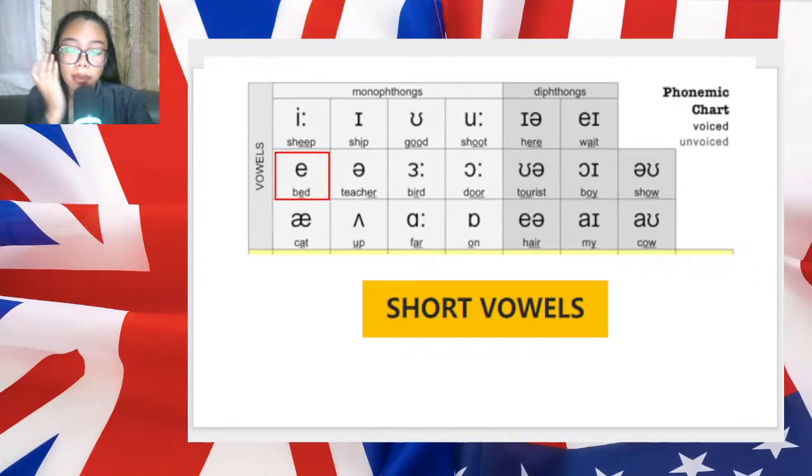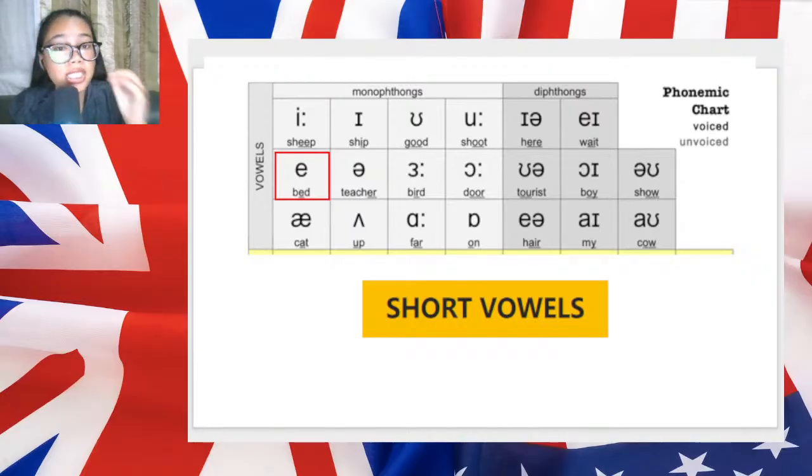For the mouth position, your mouth is just slightly more open than for the previous vowel sound. The corners of your lips might be pulled back just a tiny bit, but it is still relaxed. Don't get too tense, okay?